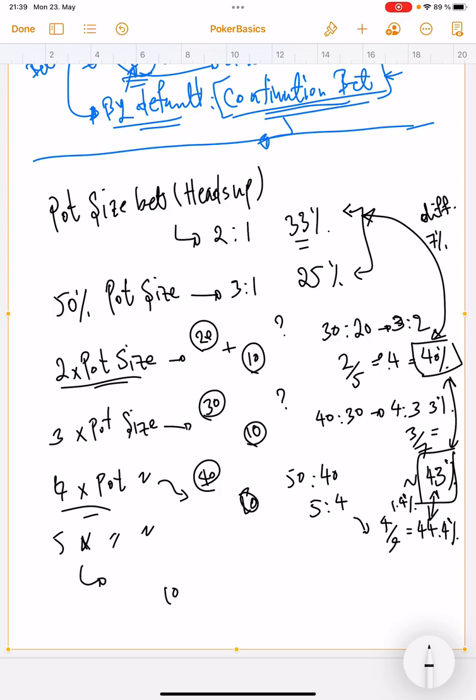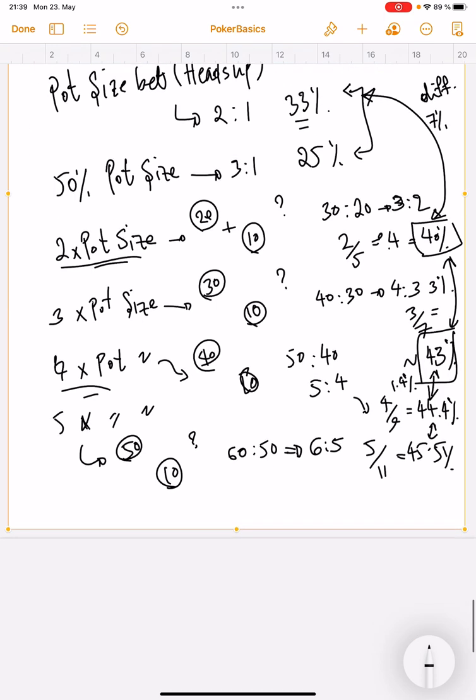With 5, it will be 10 to 50, and here 60 will be your reward and 50 to call, or you may call it 6 to 5. You get the idea, I guess. 5 over 11, 5 divided by 11 is 45.5%, and this is also something in that range.